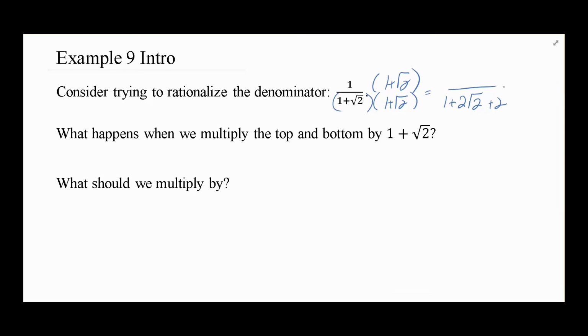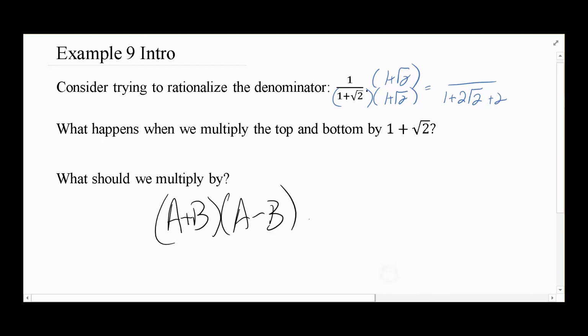So I've got to think back and say, what formulas do I have that make it so there is no middle term? And what should jump out in our memory is a plus b, a minus b. When you multiply those together, you get a squared minus b squared.